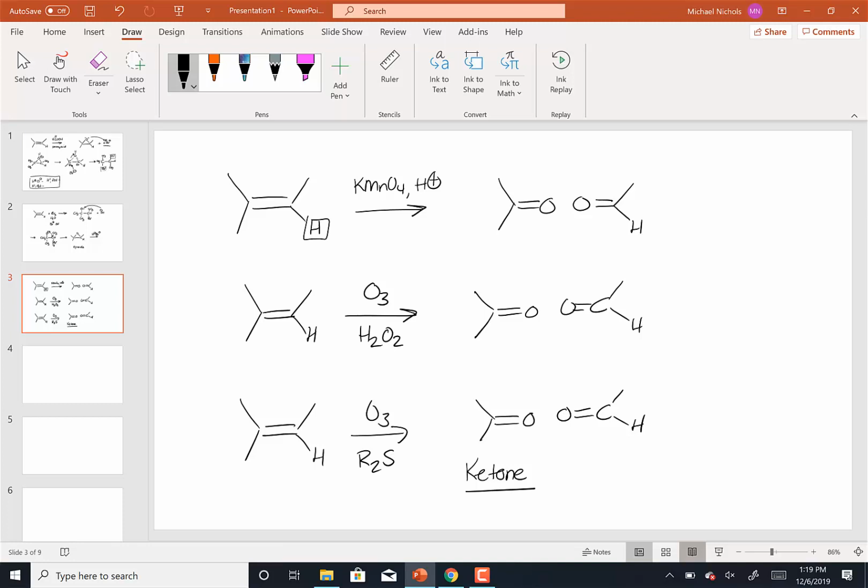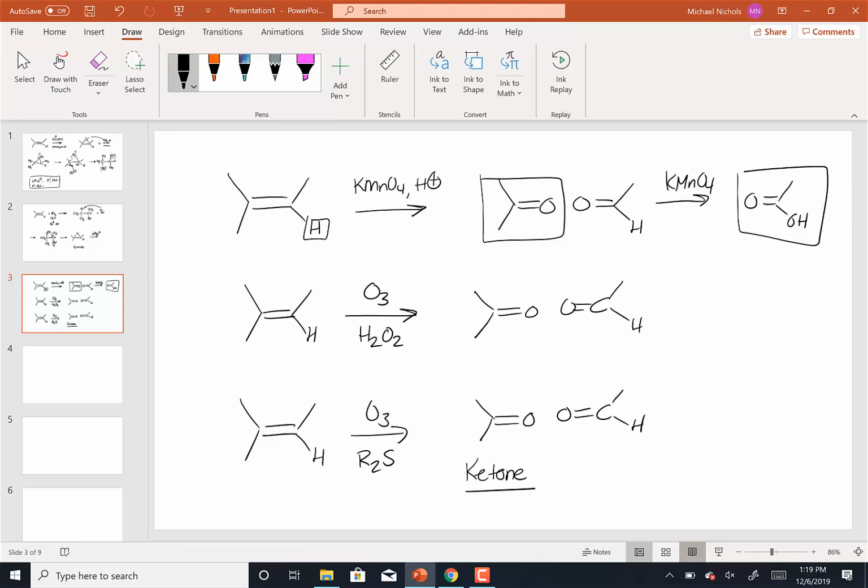And the question is, is the aldehyde oxidized by the cleavage reagents? Aldehydes will be oxidized if that reagent is KMnO4 or if it involves peroxide. So in this case, the KMnO4 will oxidize that aldehyde to a carboxylic acid. So the final products of this reaction will be ketone and carboxylic acid.